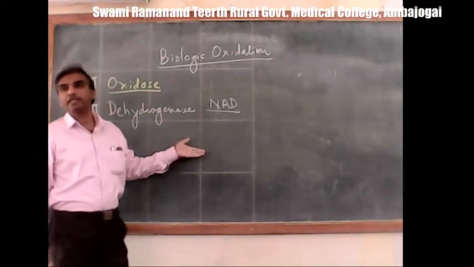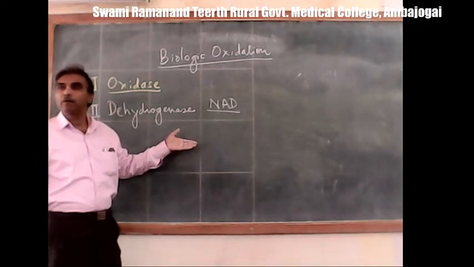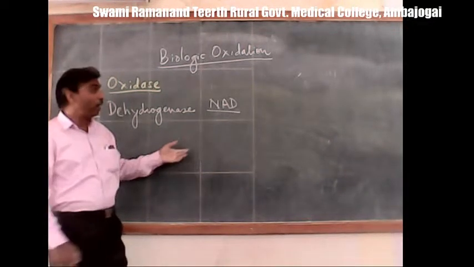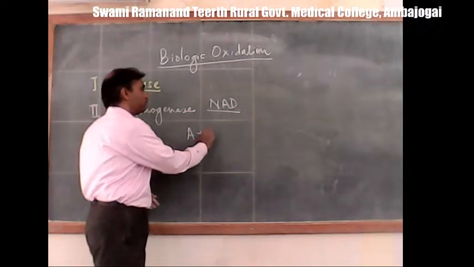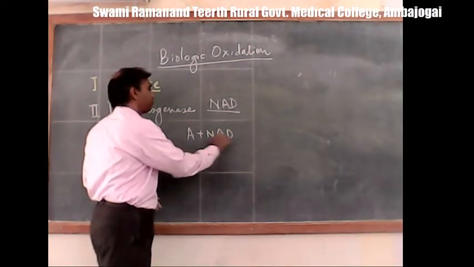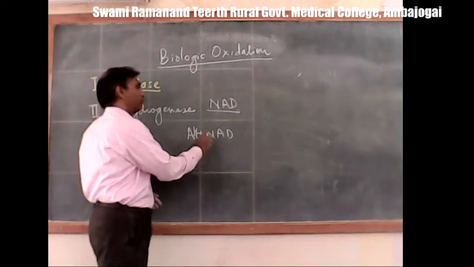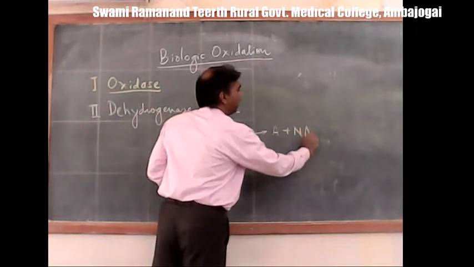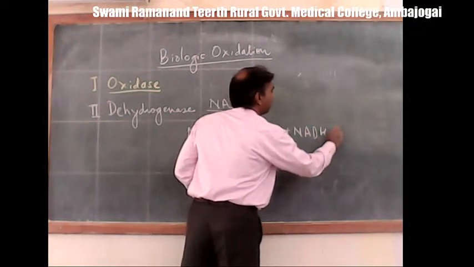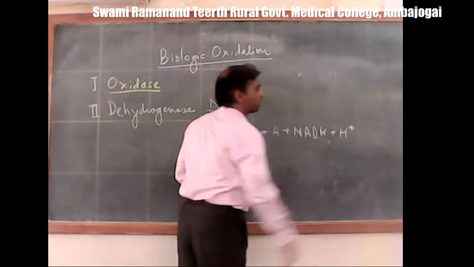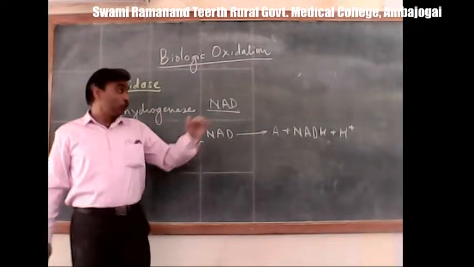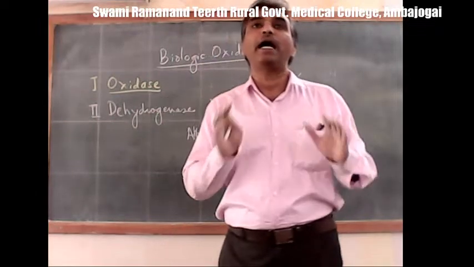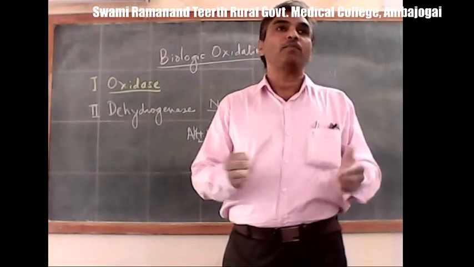So what are the examples? You probably know the examples of glycolysis and the TCA cycle, where dehydrogenases are used. Suppose this is the substrate and NAD is there. This is converted into A plus NADH plus H plus. So NADH accepts a hydride from the substrate.